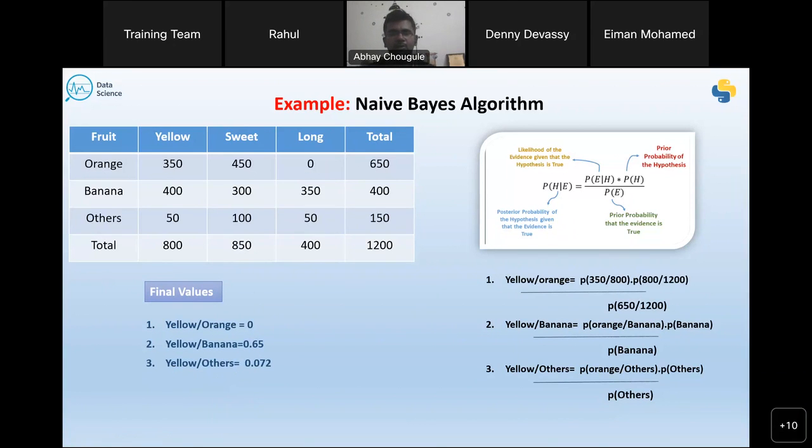These are yellow observations. You have to calculate with the sweet and with the long. Either it will be the shape and size or the color. Actually, the data points we have taken are yellow, sweet, and long, on the basis of shape, size, or color. Color is there, but sweet and long are based on that.